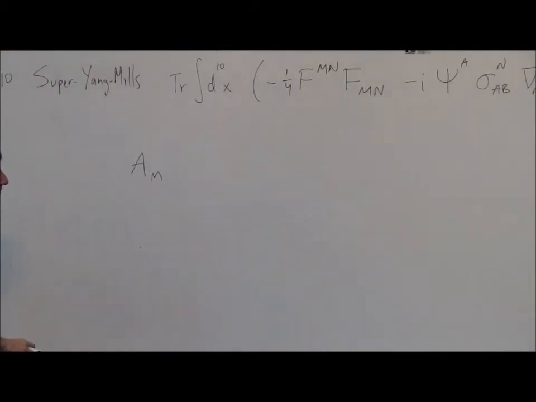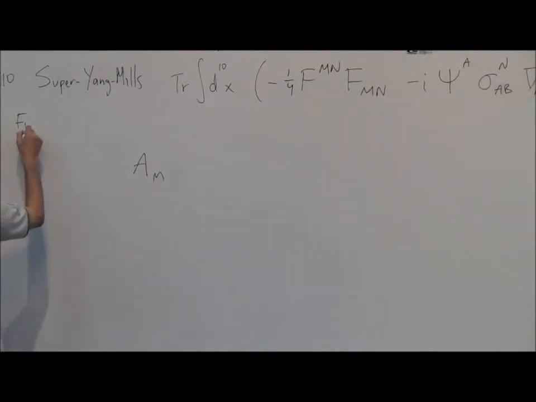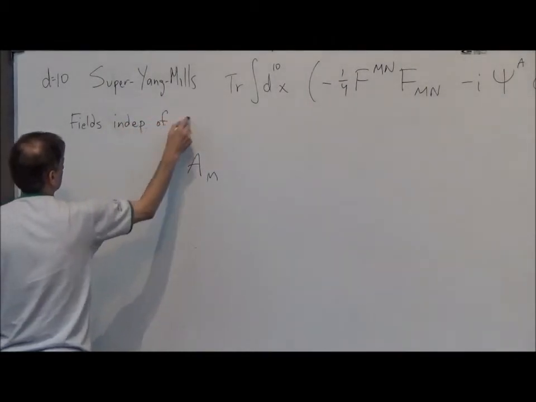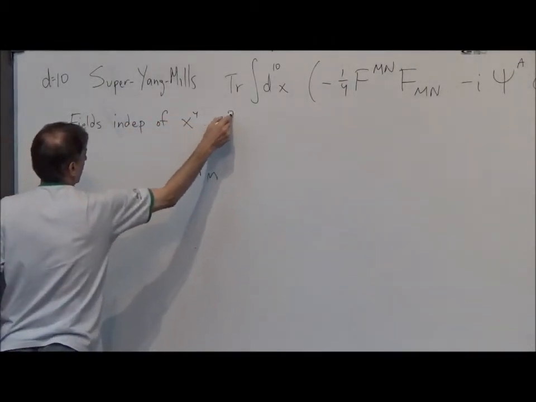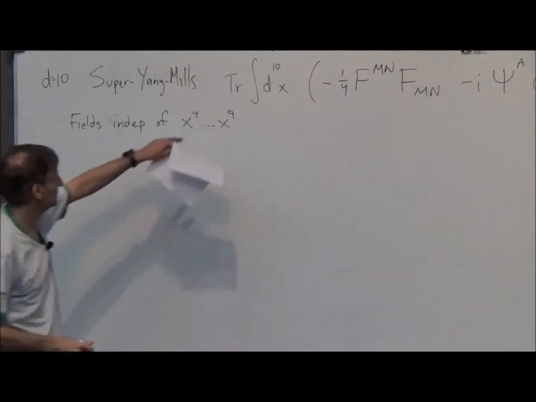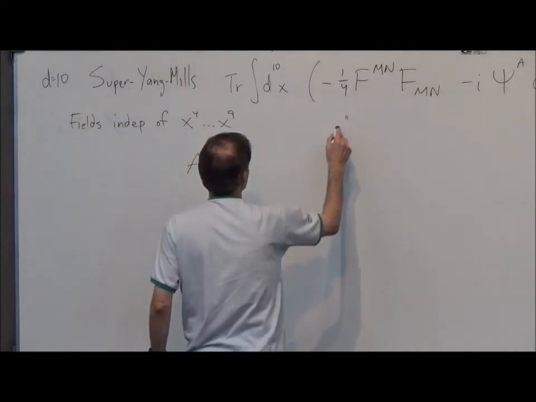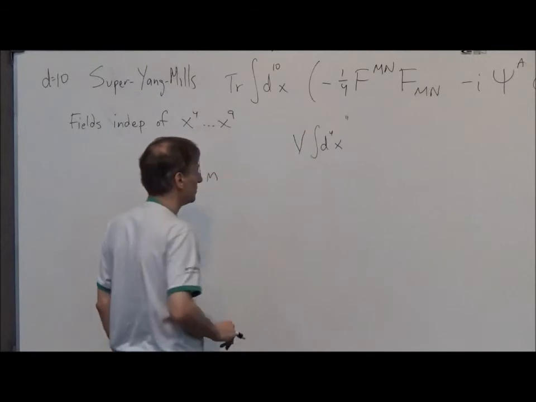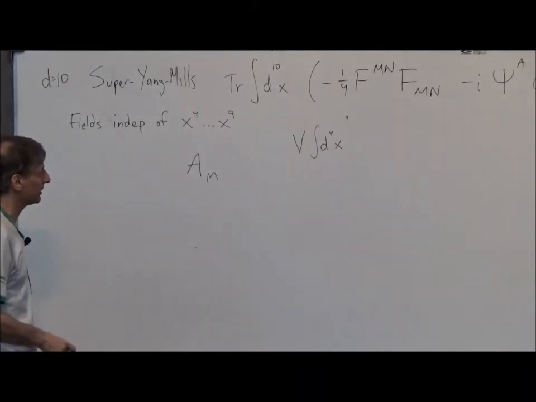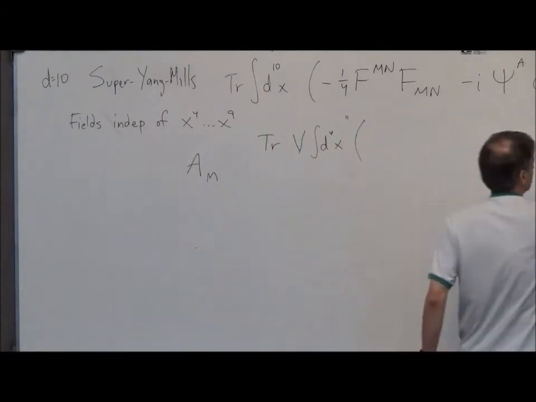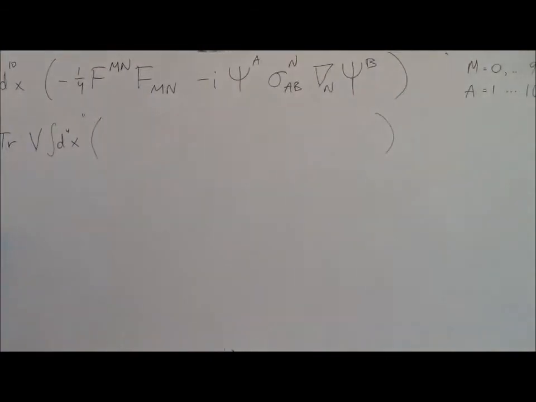Suppose the fields are independent of the extra six coordinates. In that case, this action here is equal to an action, just d4x times the volume of the six-dimensional space that you compactify on, times some Lagrangian which comes from dimensional reduction of these fields.